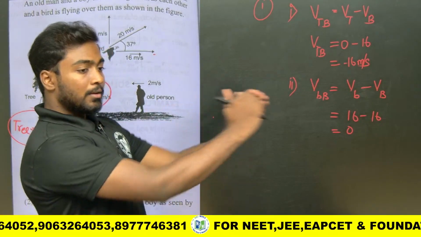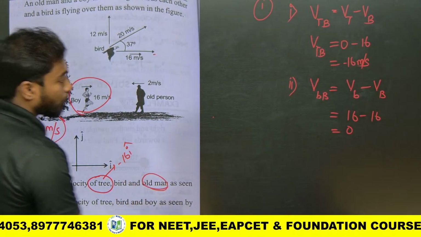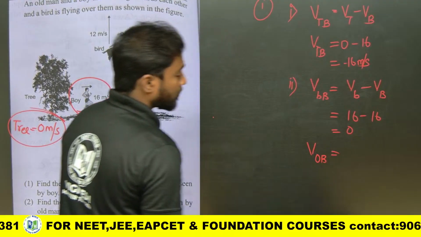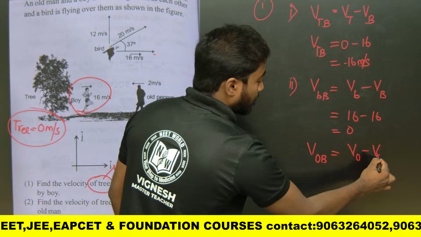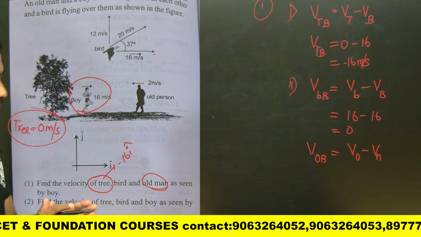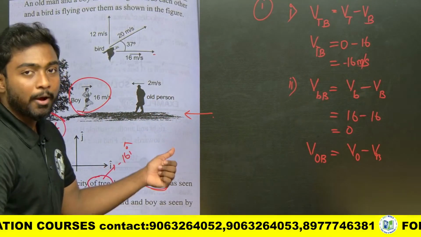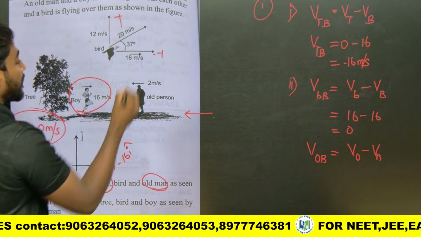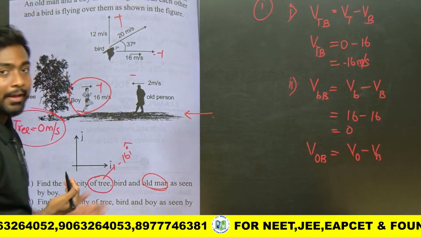They are going the same. Third, the old man. The velocity of the old man with respect to the boy is nothing but VO minus VB. If you notice here, the old man is coming in the opposite direction of the boy. Assume the boy's direction is plus; the old man is coming in the negative direction.